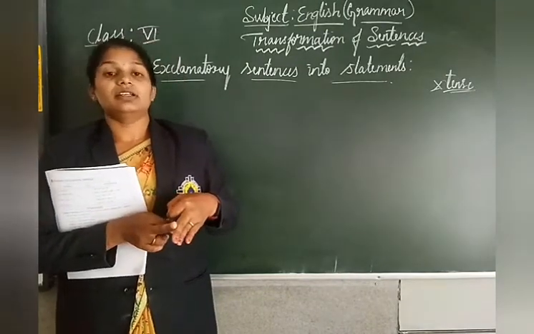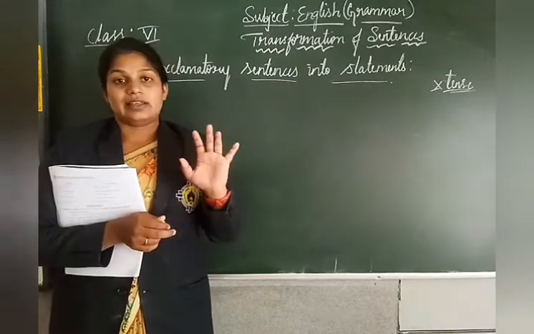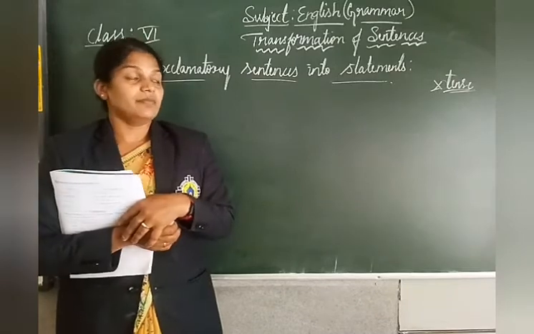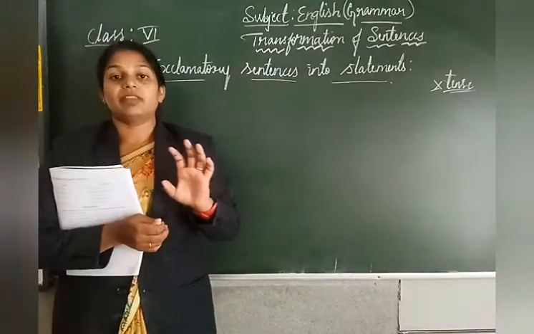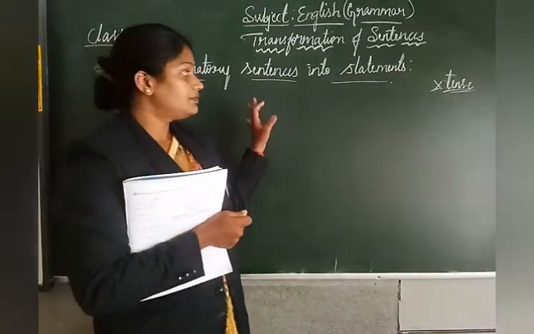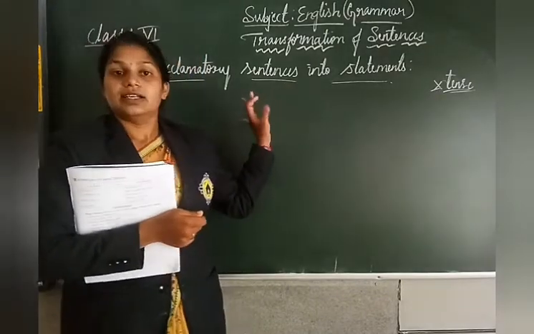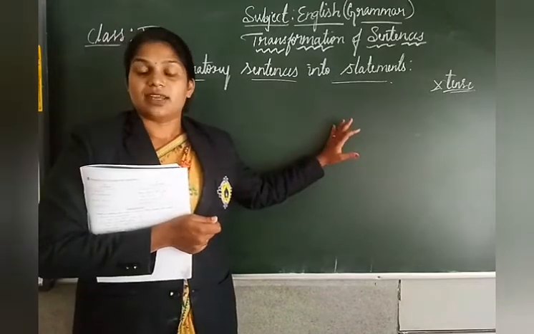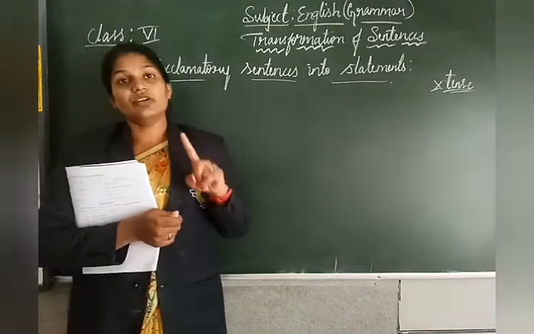These three are classified into 12 tenses, which we can see in later classes. So in this class you have to keep in mind that we should not change the tense of the sentence while changing exclamatory into statements. This is the first point.